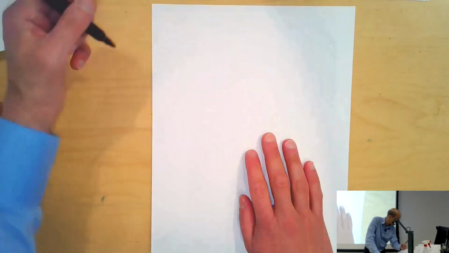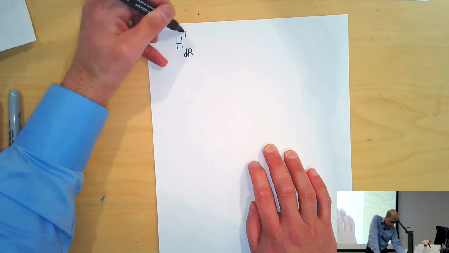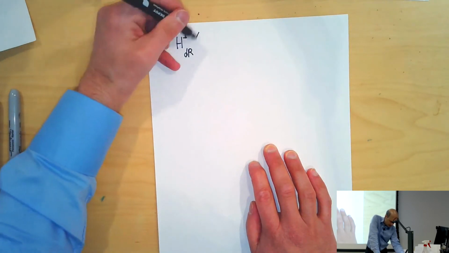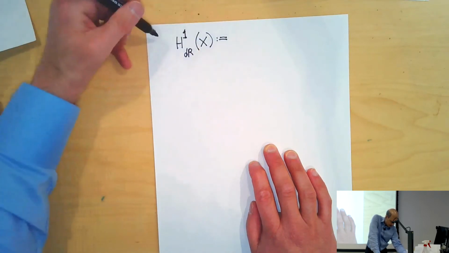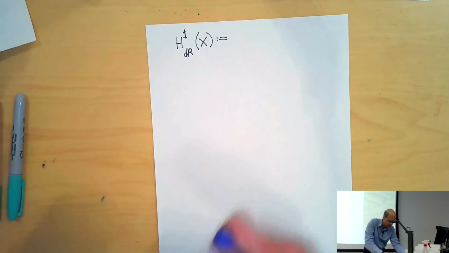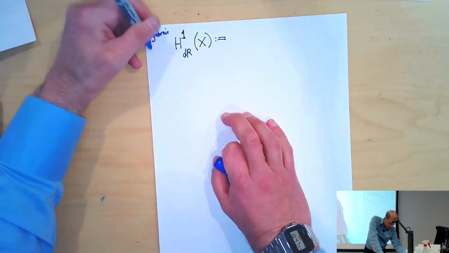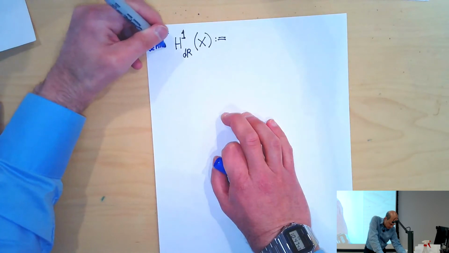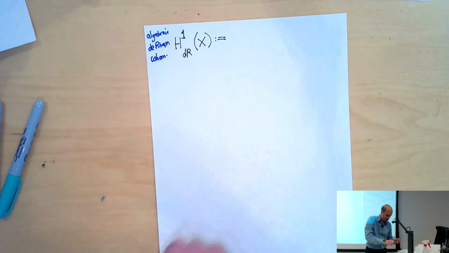So okay, so let me just define. Well, first of all, there's algebraic de Rham cohomology. H1. I'll just do H1. So H1 de Rham cohomology of the curve, let's say. So this by definition. Okay, so maybe I'll write, this is algebraic de Rham cohomology. So what's the definition?